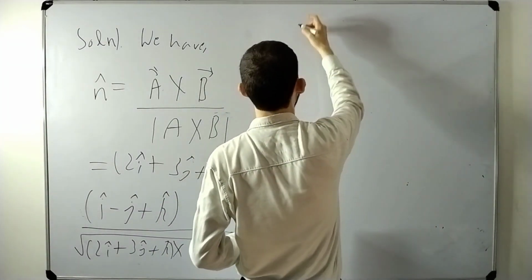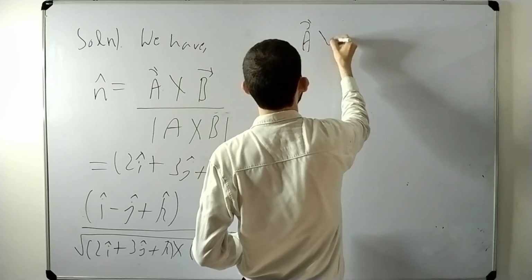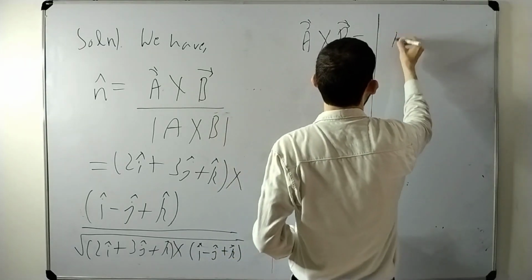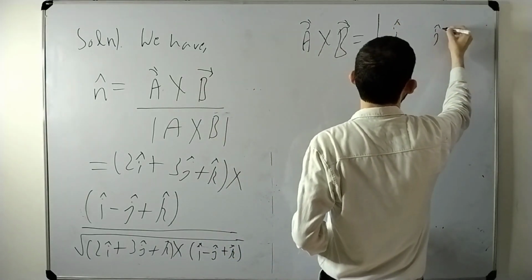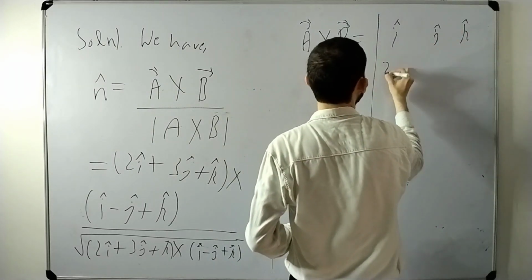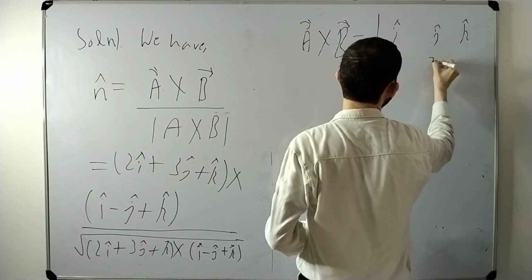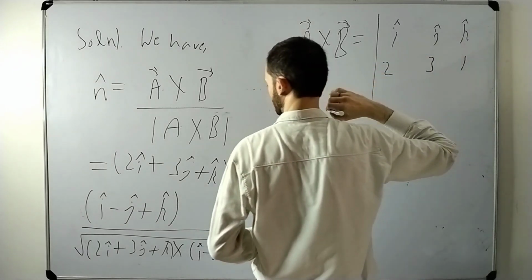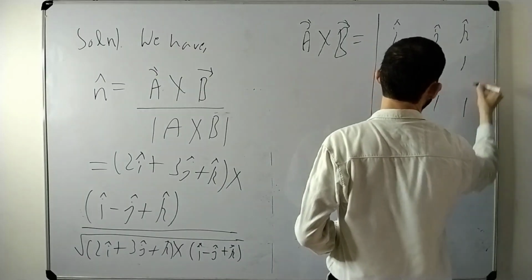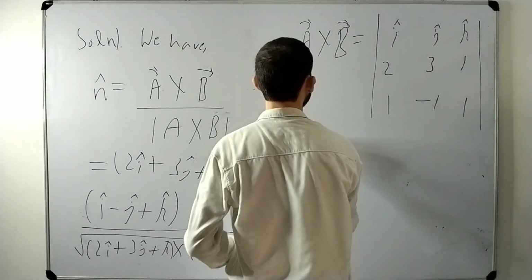First, A cross B: I would write i, j, k cap, right? And this is 2, 3, 1, and then 1, minus 1, 1. Now do your thing.